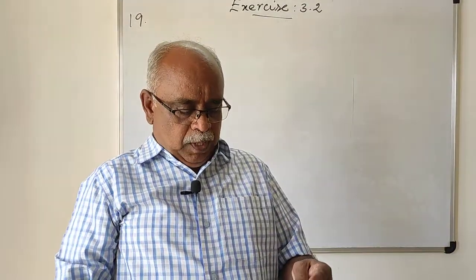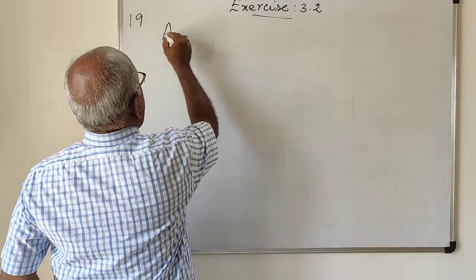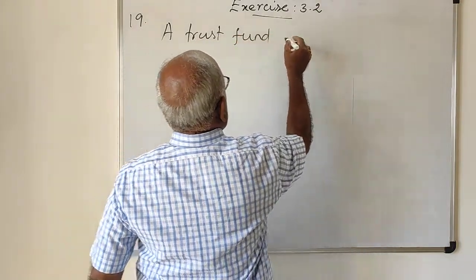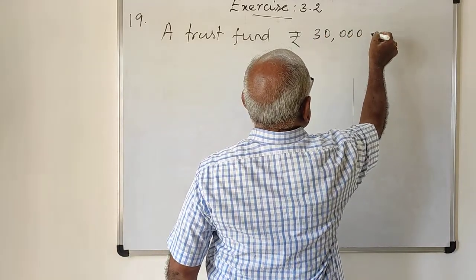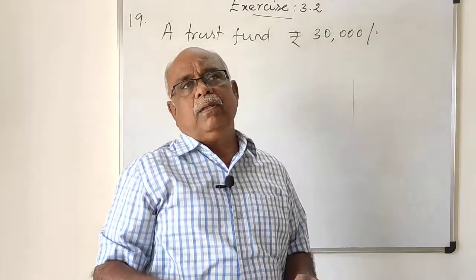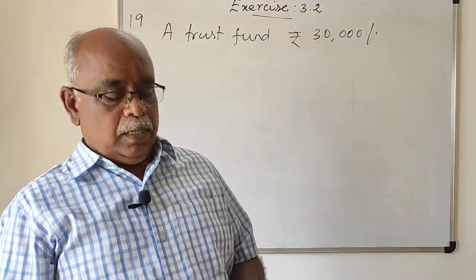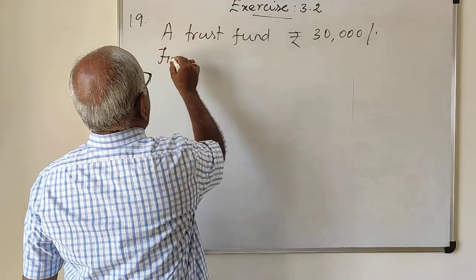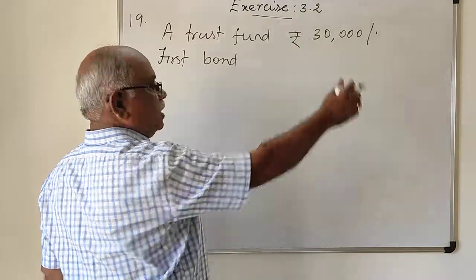A trust fund of rupees 30,000 must be invested in two types of bonds. This amount 30,000 is invested in two types of bonds.